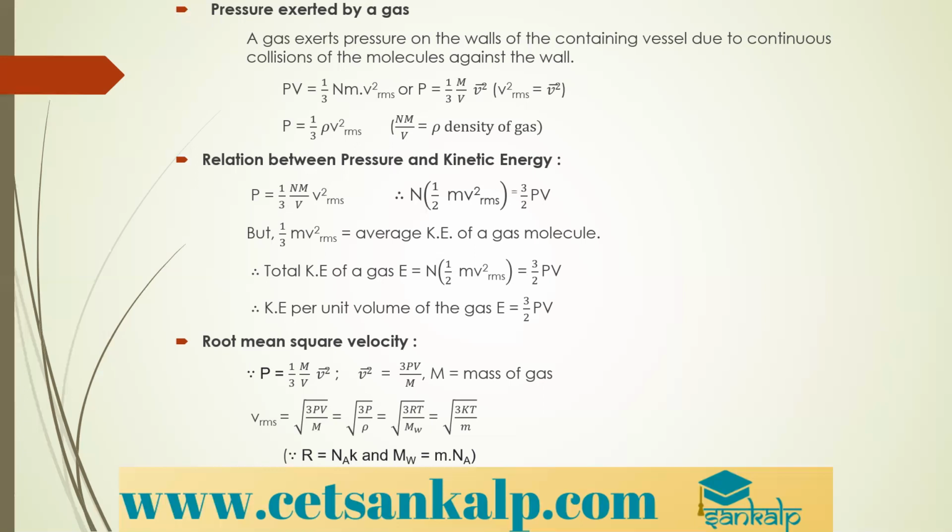But half M Vrms square is nothing but what? The average kinetic energy of a gas molecule. Therefore, the total kinetic energy of a gas is given by E is equal to N into half M Vrms square, that is also equal to 3 by 2 into PV.